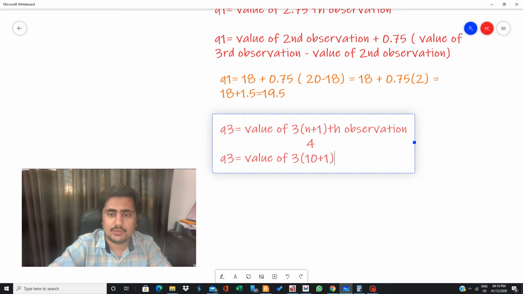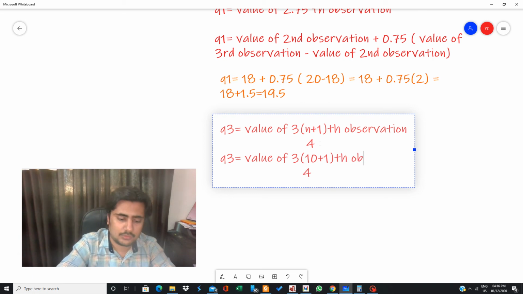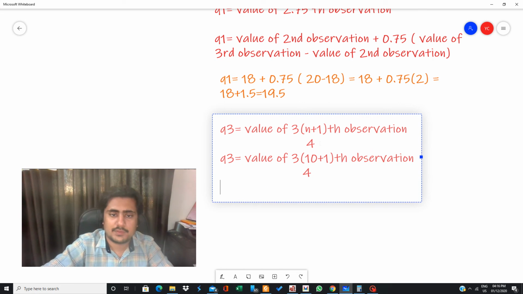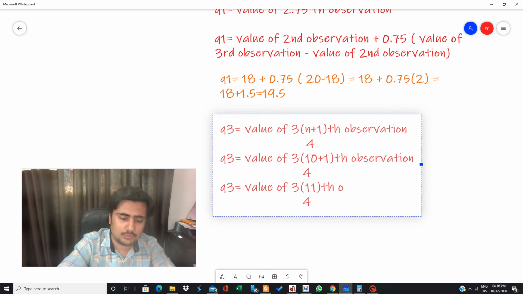So Q3 is the value of 3 into 11 upon 4th observation.